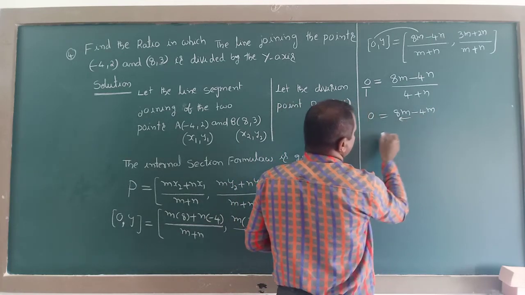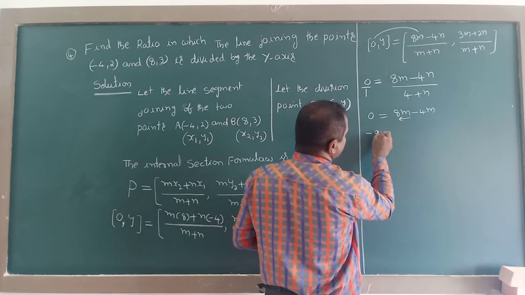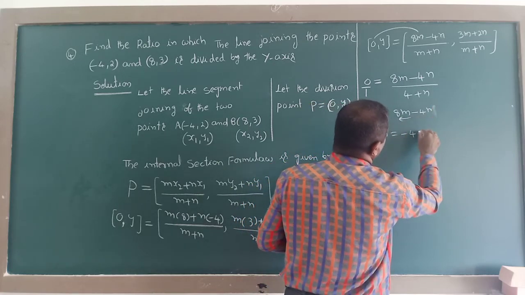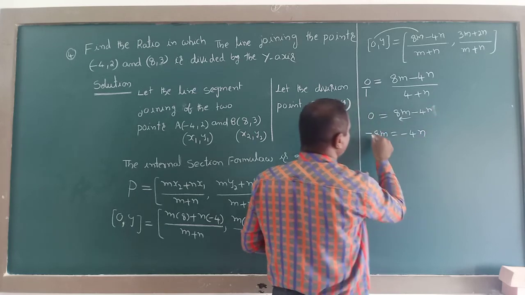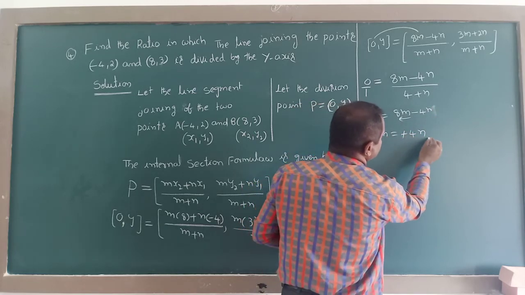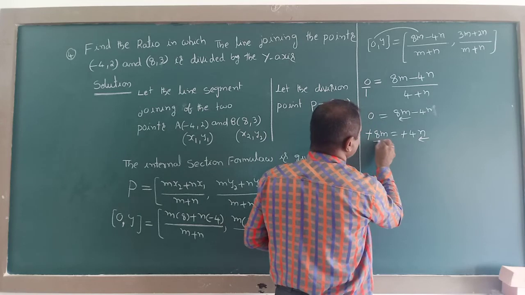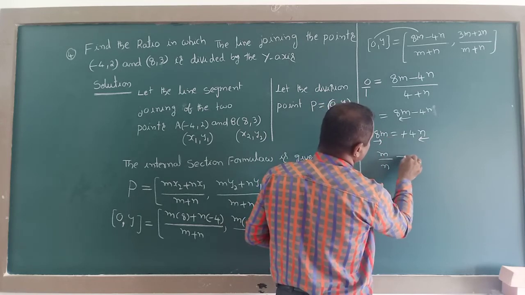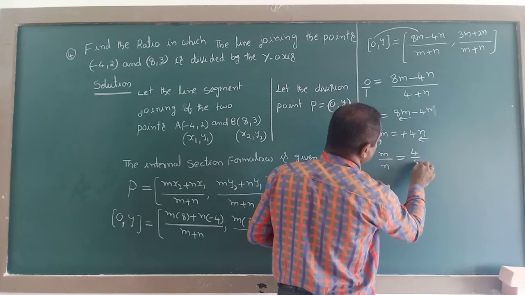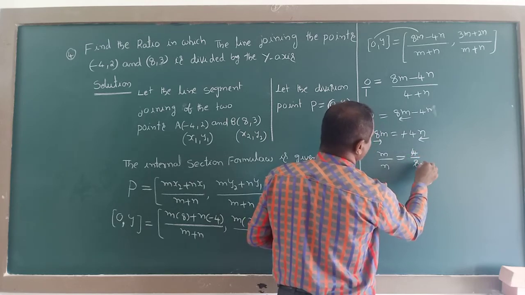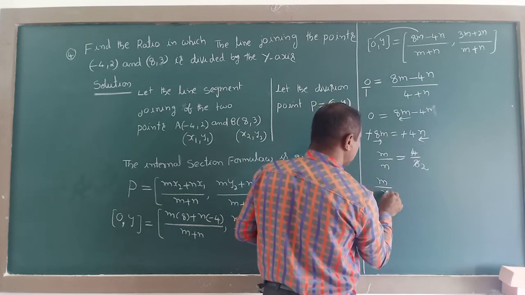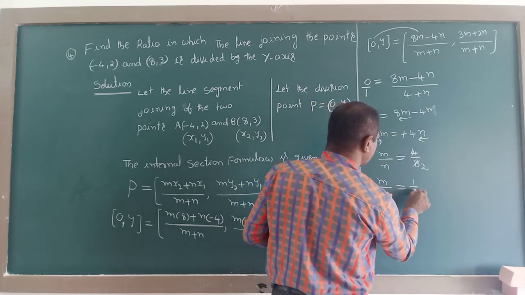Sending 8m to this side, it becomes negative. Minus 8m is equal to minus 4n. The minus signs cancel. Send n to this side and 8 to that side: m by n is equal to 4 by 8. On cancelling, m by n is equal to 1 by 2.